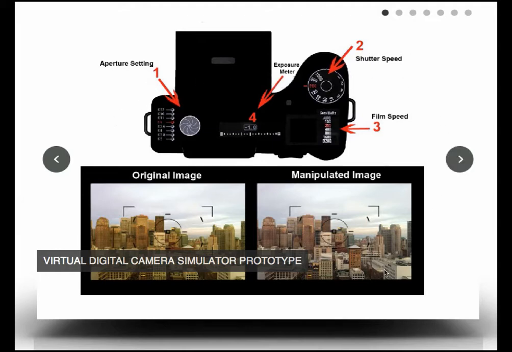So to go over the prototype, I simplified the interface to only concentrate on the areas that are the most significant in any photography class, for a better understanding of photography topics. So the very basic settings are the aperture setting, shutter speed setting, and film speed setting, and how these settings interpolate lighting.